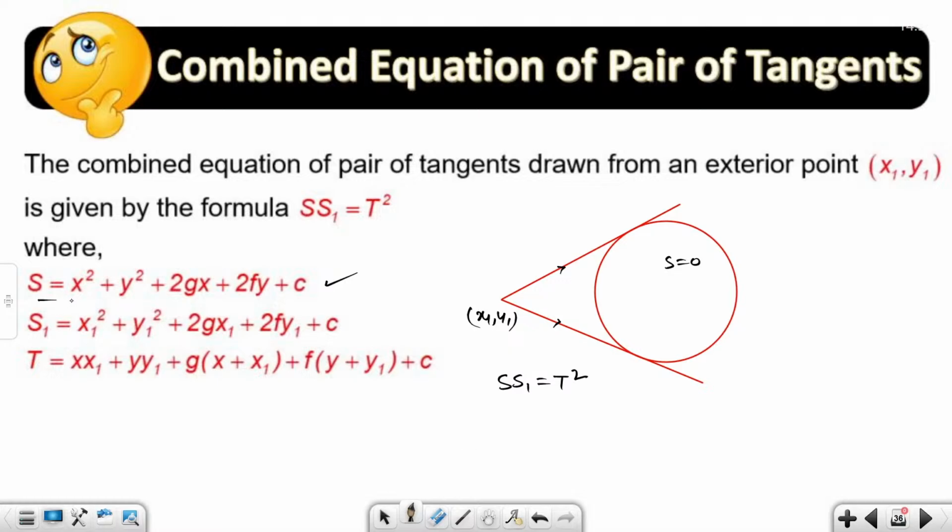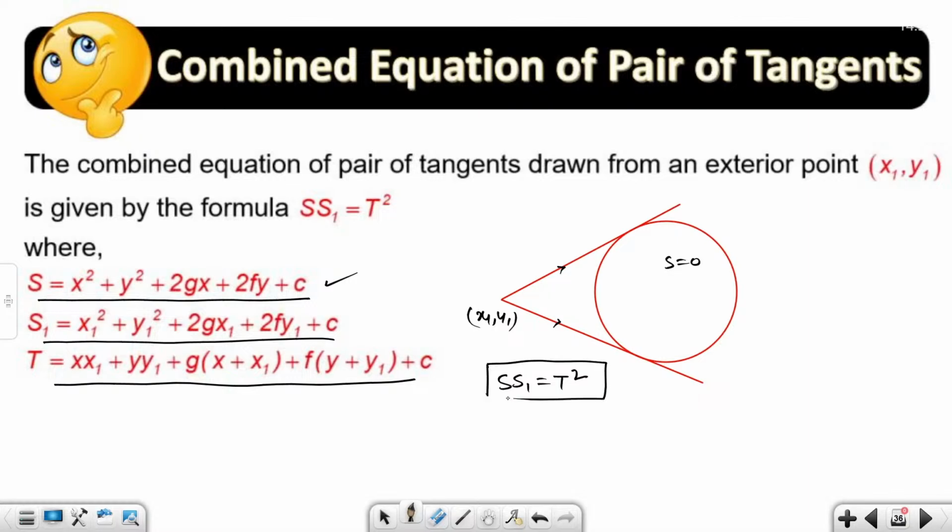You know what is S, you know what is S1, as well as you know what is T. So remember this: S1 equals T square. This is the combined equation of the tangents drawn to the circle from an external point x1, y1. That's it. No proof is required for this. Simply remember this as a formula.